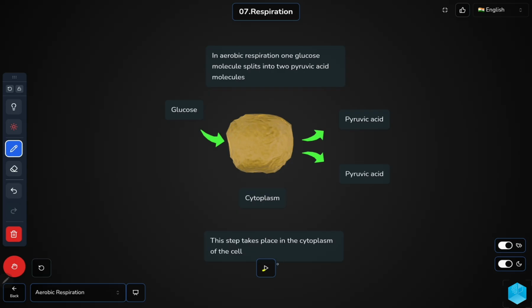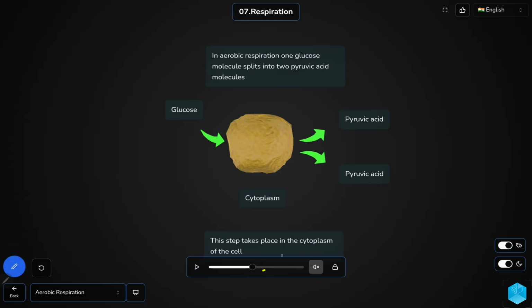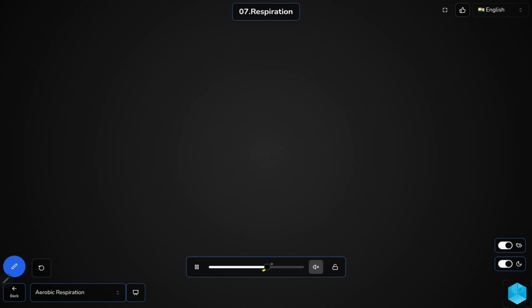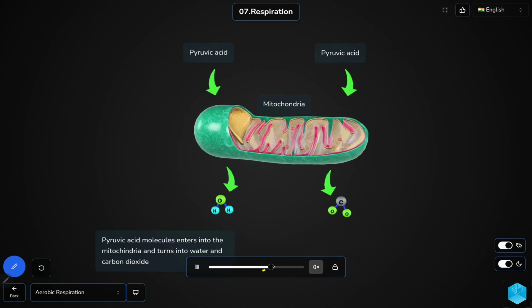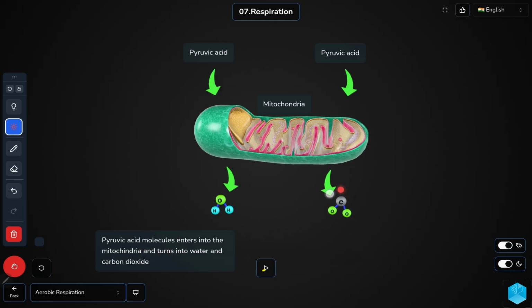This pyruvic acid, which is produced in the cytoplasm of the cell, in turn enters into the mitochondria and gets converted into water and carbon dioxide.